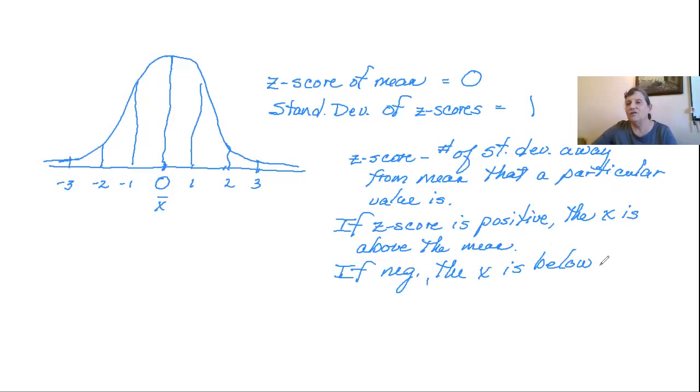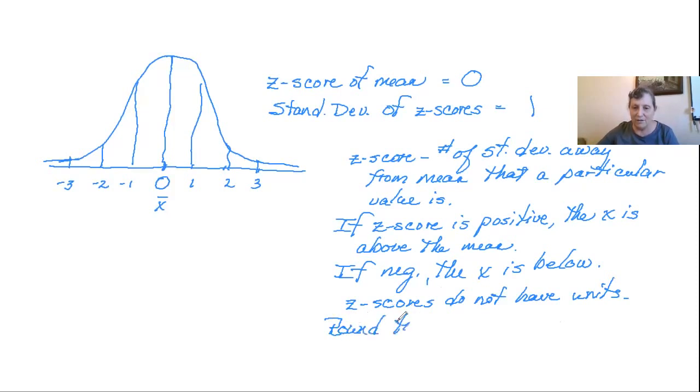On the other hand, if you're just given the Z-score, then you can tell whether it was above or below the mean. Z-scores have no units. They normally round Z-scores to 2 decimal places.